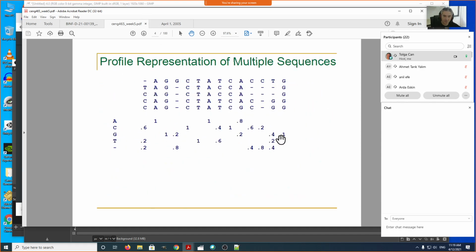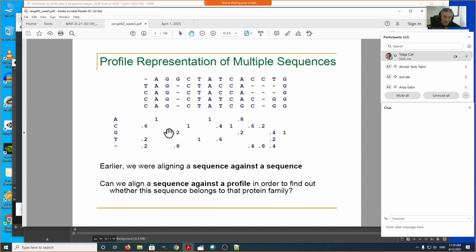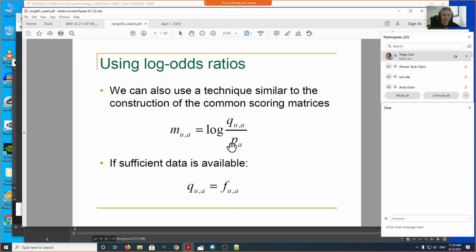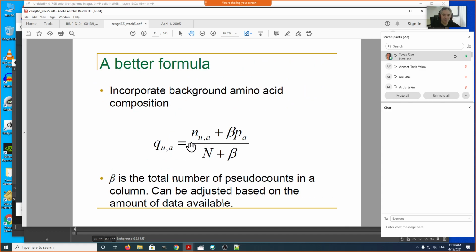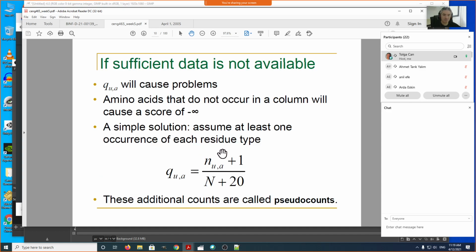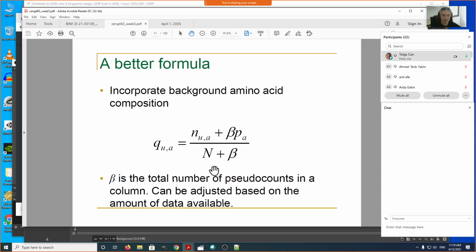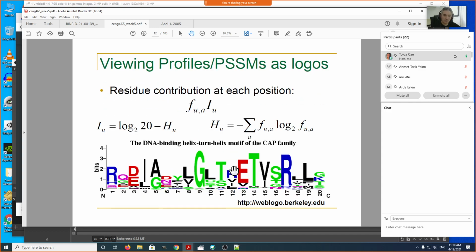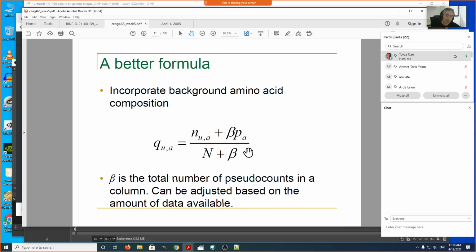We are aligning a profile. We just converted these frequencies to pre-computed match-mismatch scores, instead of using the frequencies directly. This MUA is the same pre-computed thing we did earlier, and we just use the better formula to compute those. And this is what position-specific scoring matrices are.